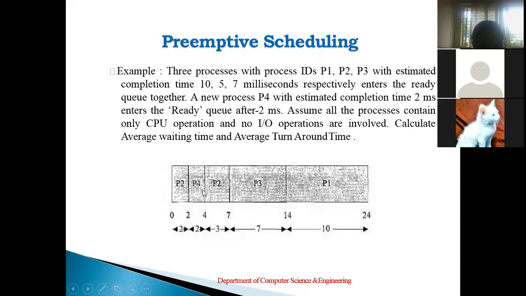Then P4 entered and started executing. Its execution time is 2 milliseconds. So P2 waited 2 milliseconds. That is what is given here.